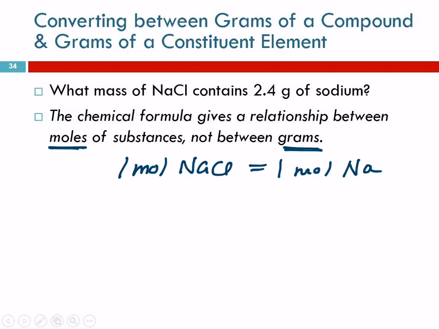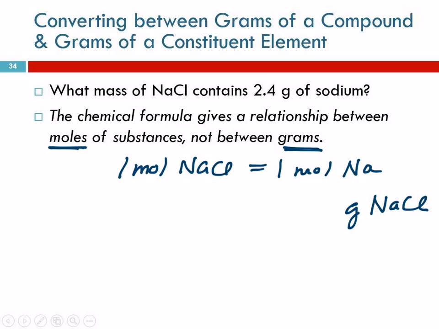Well, we want to know the mass of sodium chloride. So that would probably be grams. Chemists prefer grams. We want grams of sodium chloride that contains 2.4 grams of sodium.